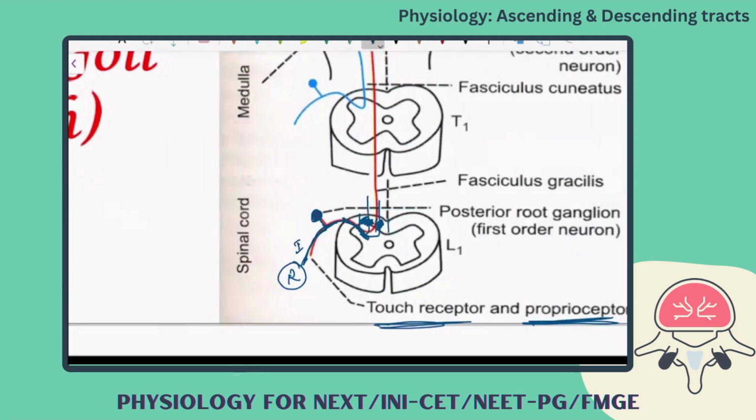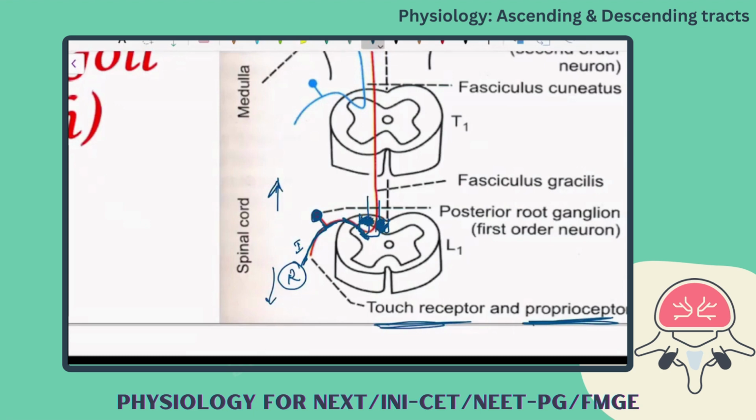And fasciculus gracilis, in the medial part, carries the touch and proprioception in the lower half of the body. From the upper part of the body, the lateral part, fasciculus cuneatus, it will carry the sensation.